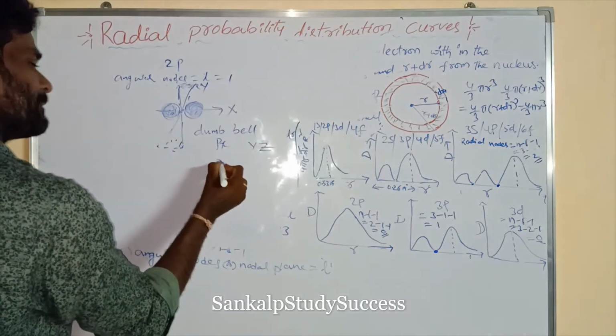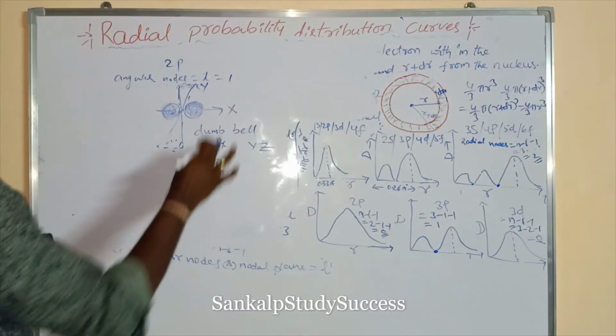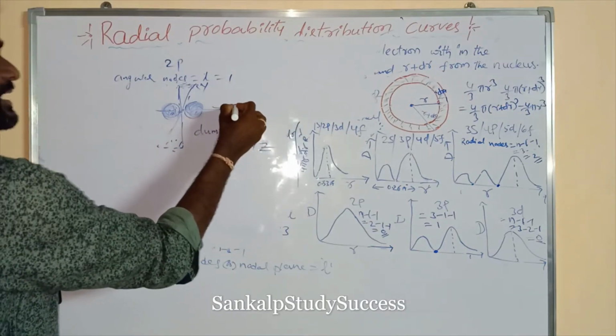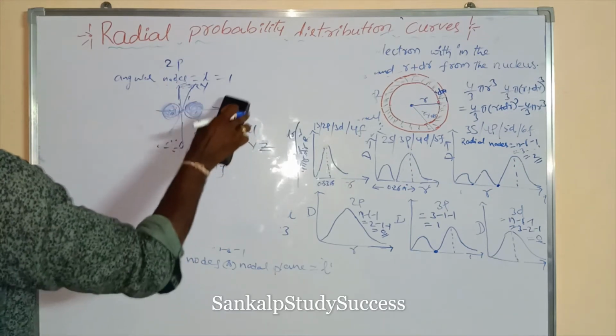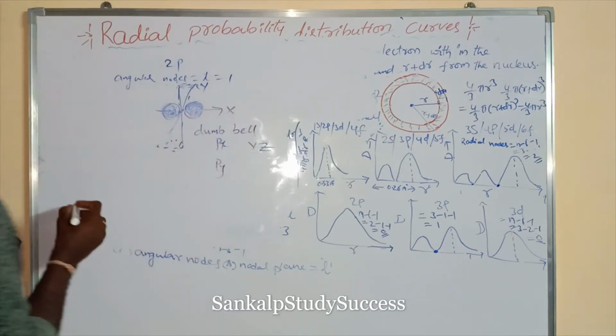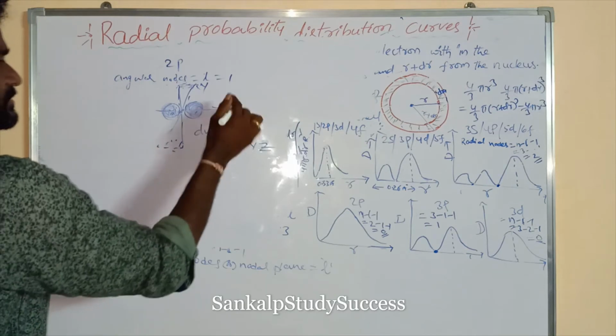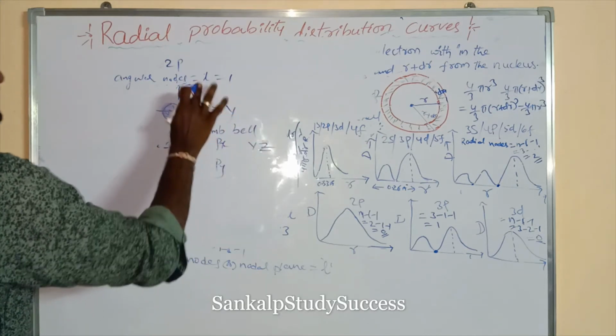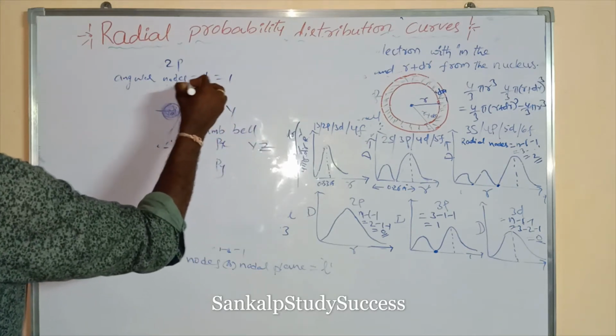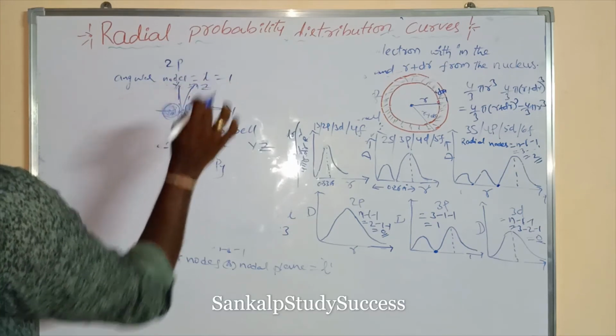Similarly, if we take a py orbital, this is the y axis, this is z axis, this is x axis.